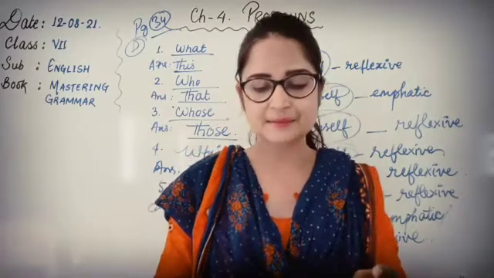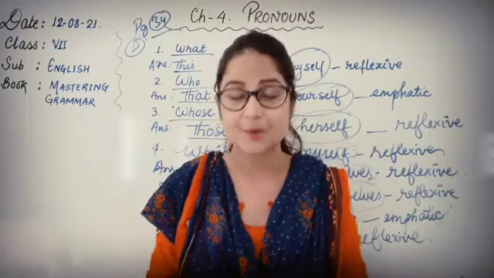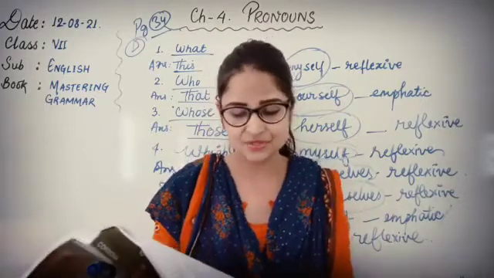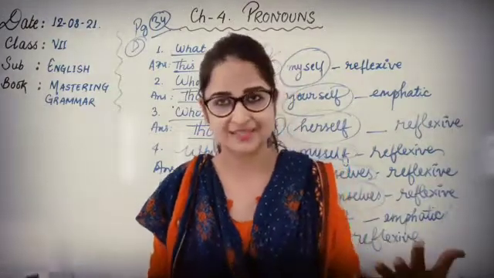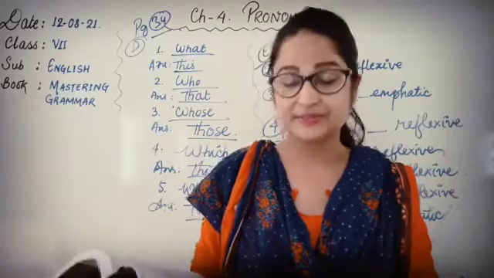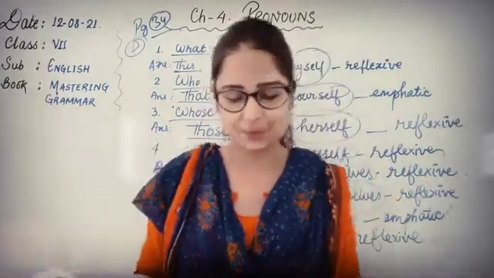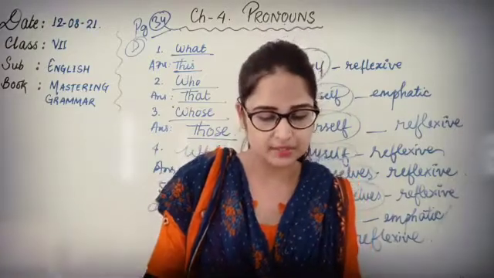Like, sometimes what cannot be expressed in words must be understood. Sometimes she had purchased what she wanted to buy. So we do not know the name of the thing that she wanted to buy, but we know she wanted to buy something. So the thing is represented by what.